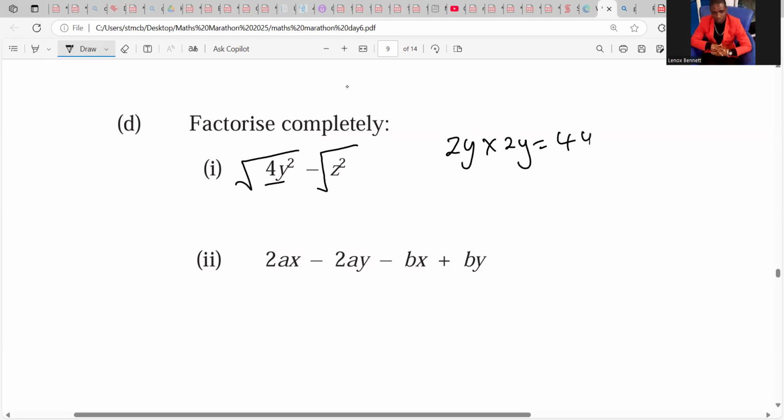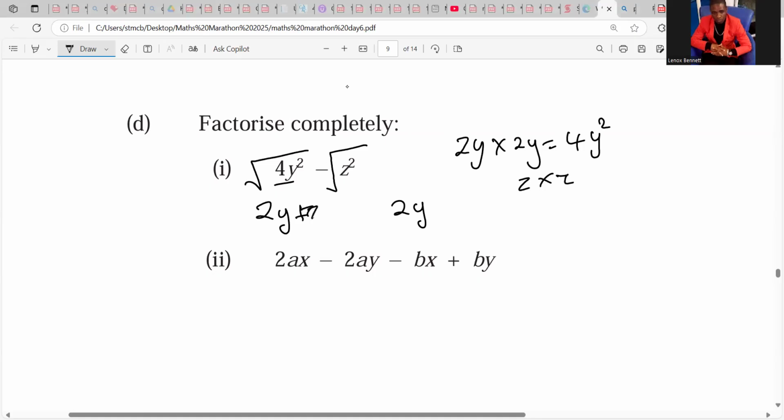That would give us 4y squared, right? So one on either side. What about z squared? It has to be z times z. So you put one plus and one should be minus. And that would be our answer.